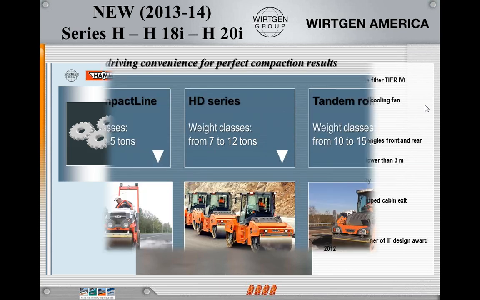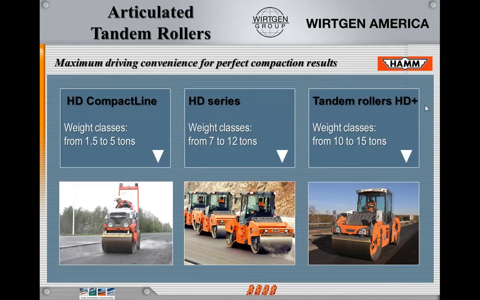Moving to the tandem rollers, we have our HD compact line, anywhere from 1.5 to 5 tons, with mechanical offsets, tapered hoods, ease of visibility. We have our HD series, which is our older series of tandem rollers, anywhere from 7 to 12 tons, which were initially brought over to the U.S. And now we have our HD Plus models.